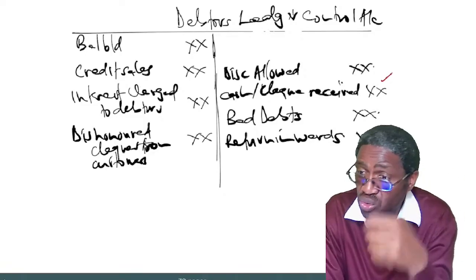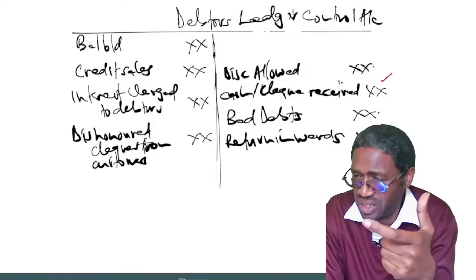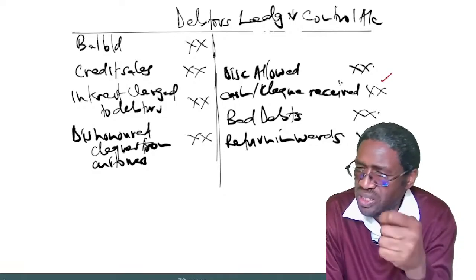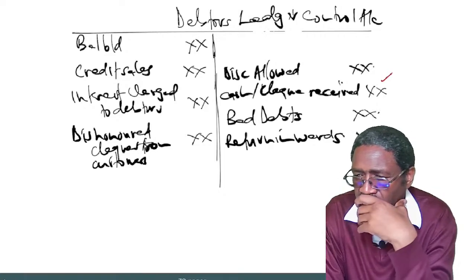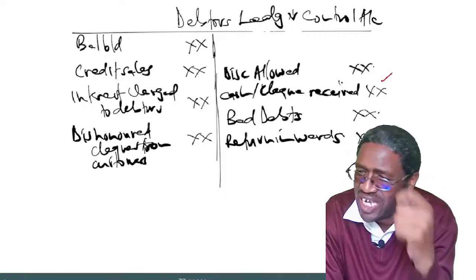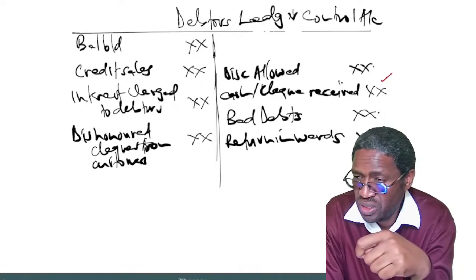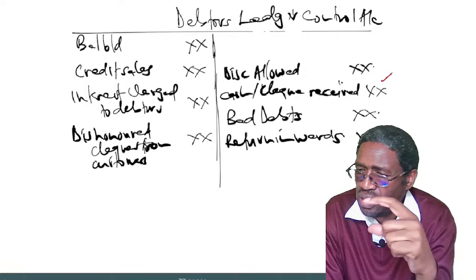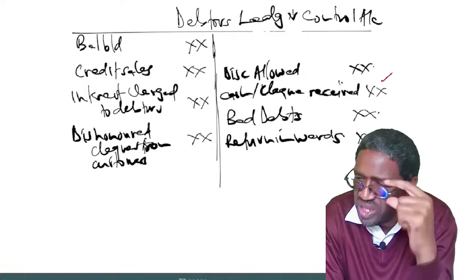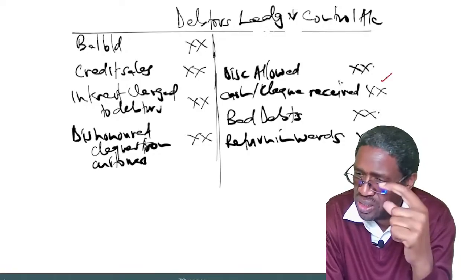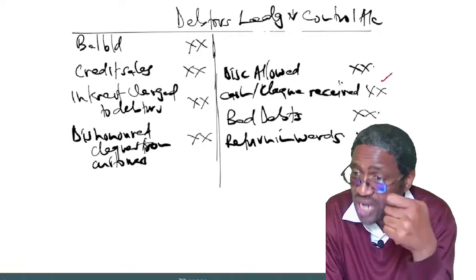You have sold goods to your customer, and you tell your customer, promise me that you will pay me in 30 days. So a customer can write to you a bill of exchange. It's a document that shows that this customer will pay you within 30 days. It's like what you can call an I owe you, an IOU.